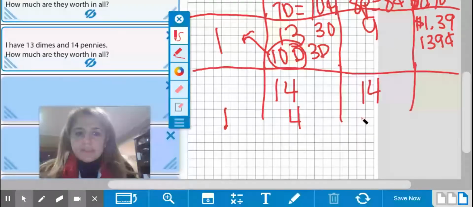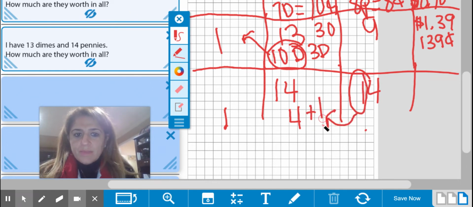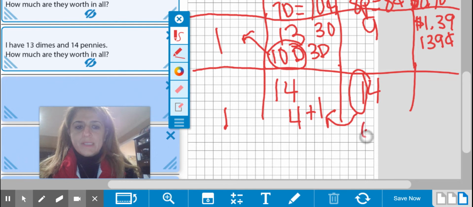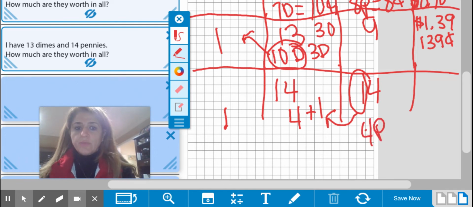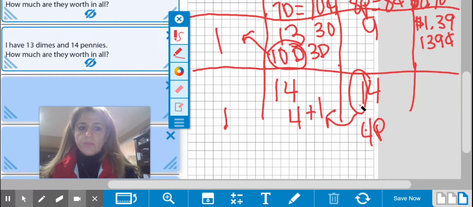But look what happened here. This 14 cents, we have more than 9 pennies. So more than 9 pennies means we got to go to a dime. So here, you see this one right here? That means we got to give this dime here, and we have 4 pennies left over. So we had to regroup here.